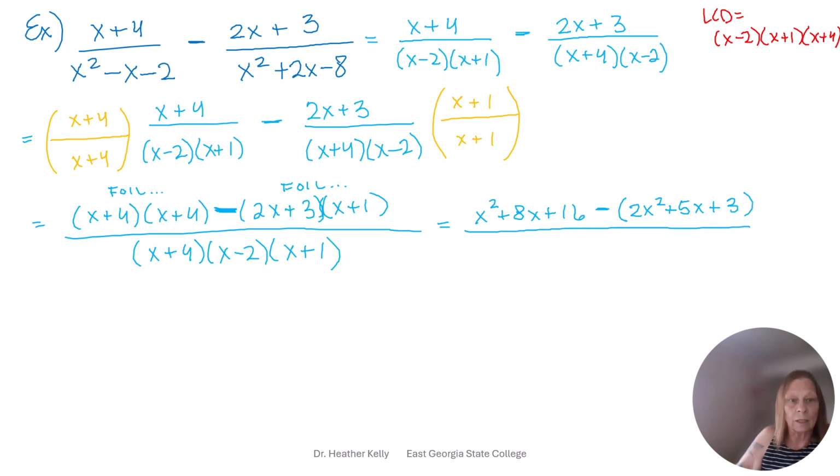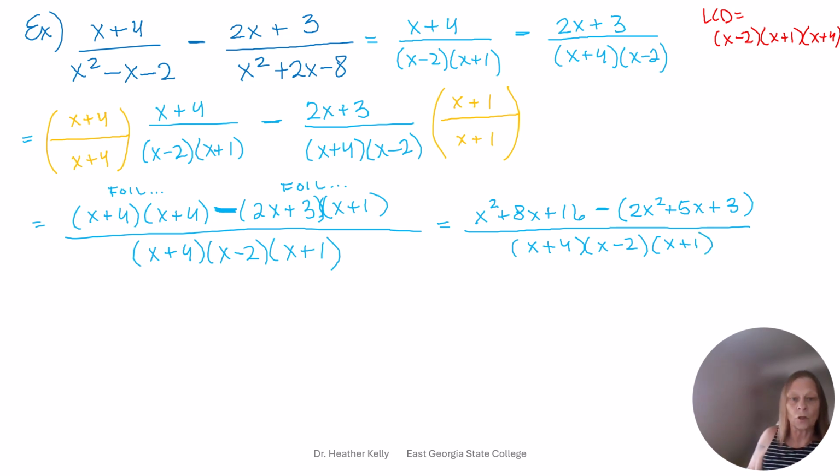Let me double check that. 2x squared, 2x plus 3x is 5x. Okay, just wanted to make sure, I didn't actually work this problem, so I just made it up. So let's keep on going.